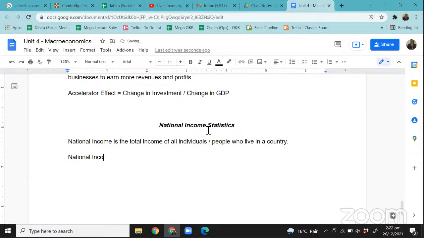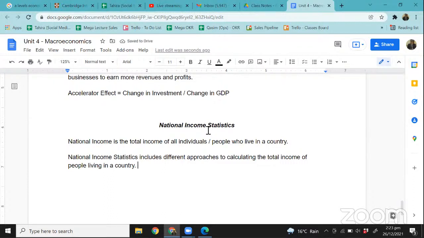National income statistics includes different approaches to calculating income in a country.